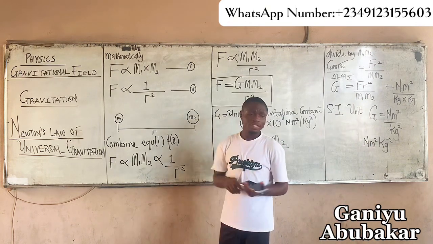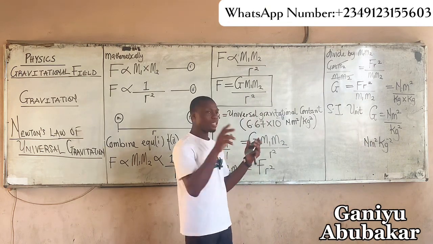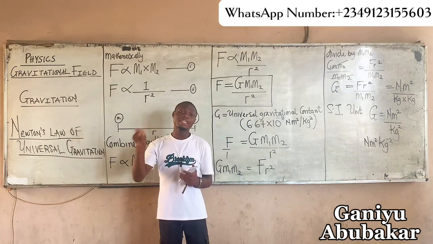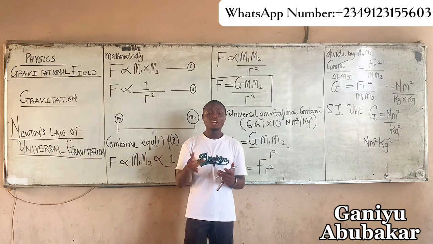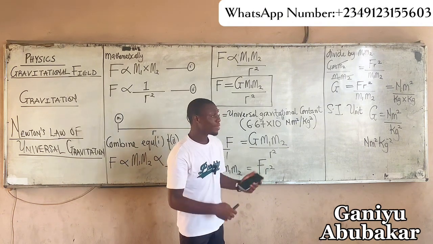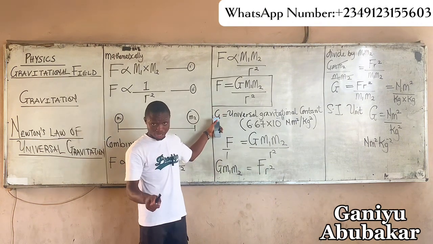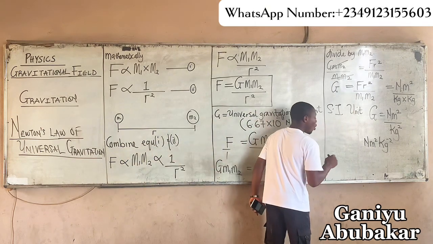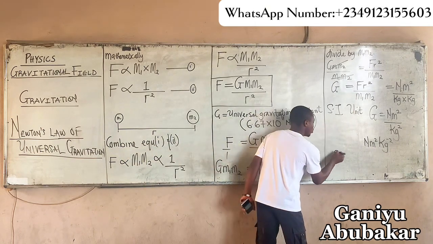All right, having said this, let's take just an example under this, and then in our next class, we'll look at the relationship between capital G and small g. I know that you know that there's one parameter called small g.